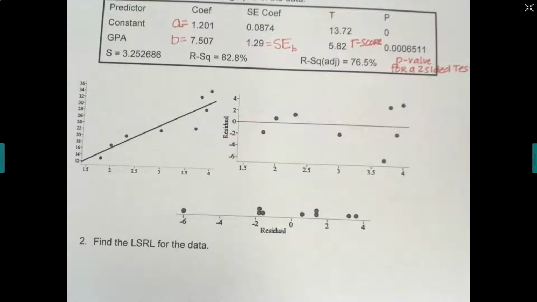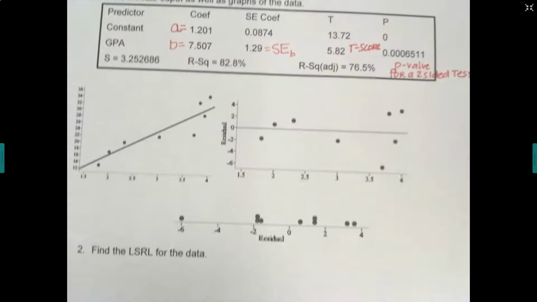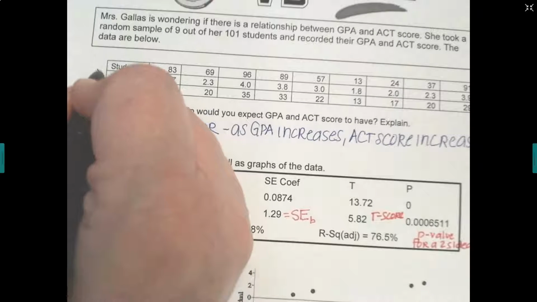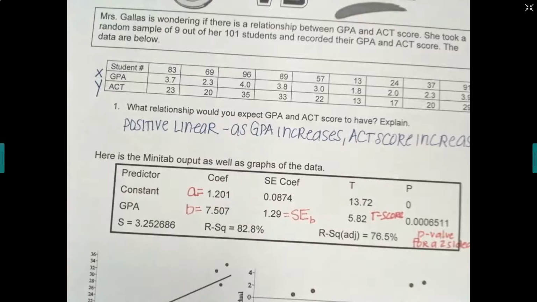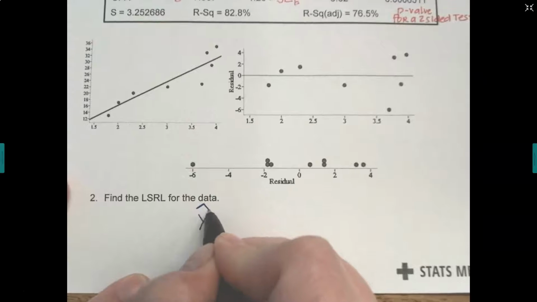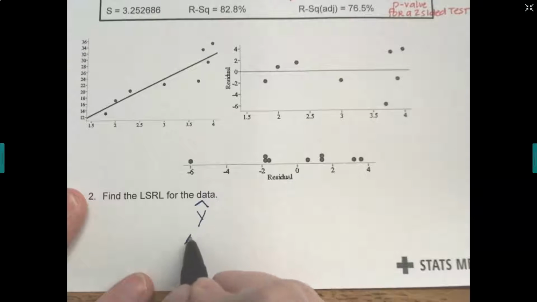So the first question is, find the equation of the least squares regression line. I like to use context here. We will be predicting the ACT score. So in this form, GPA is the x value, ACT is the y value. So your y-hat is actually going to be your ACT score.